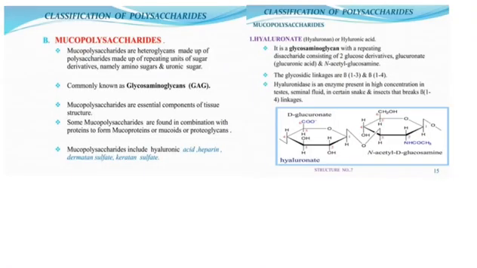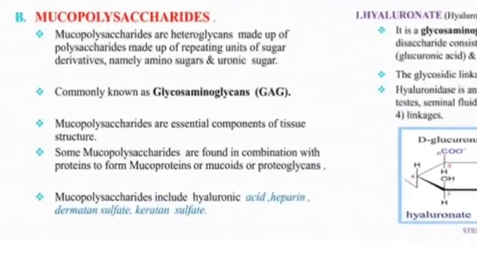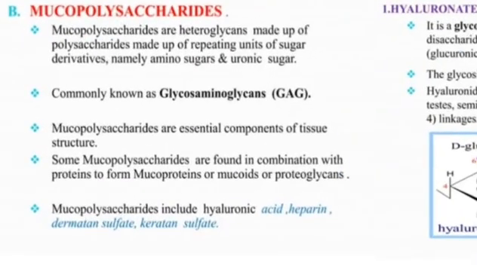So, what of mucopolysaccharides? Mucopolysaccharides are heteroglycans, polysaccharides made up of repeating units of sugar derivatives, namely amino sugars and uronic acid. An example is glycosaminoglycan, GAG.